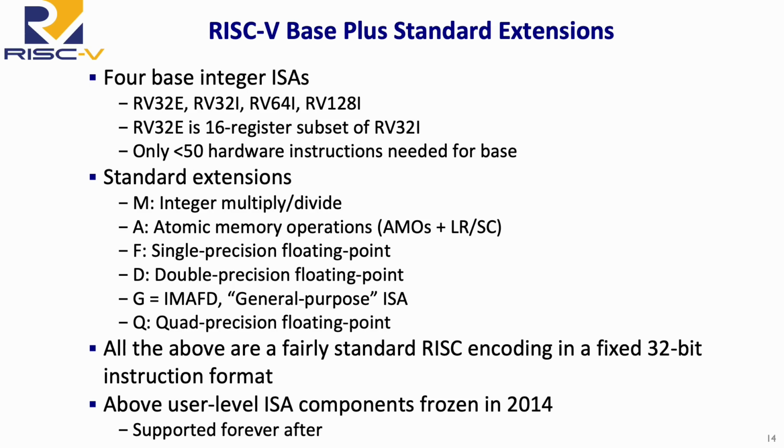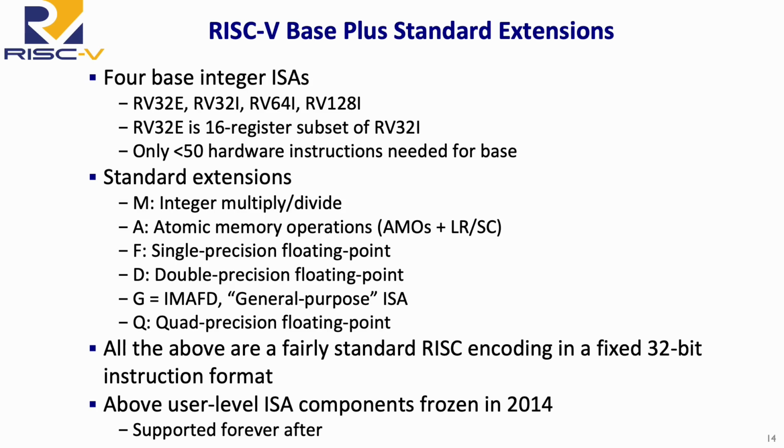So the RISC-V base is the integer instruction set. RV32E is RISC-V 32-bit, and E is the 16-bit register subset of RV32I. Let's not worry about that one.